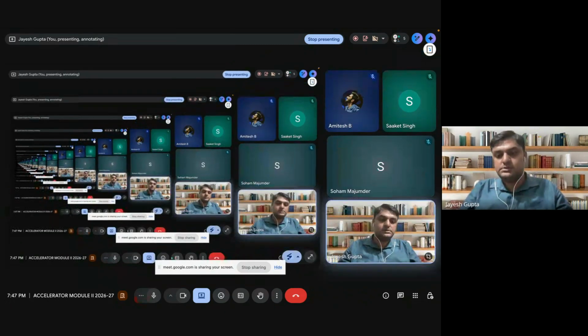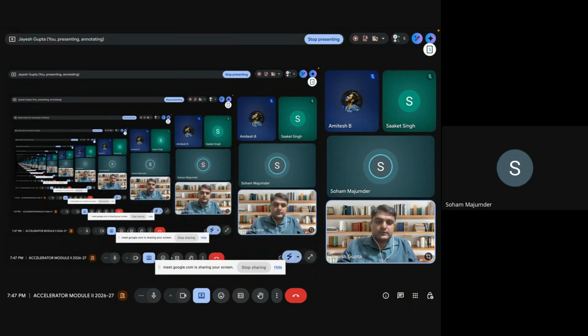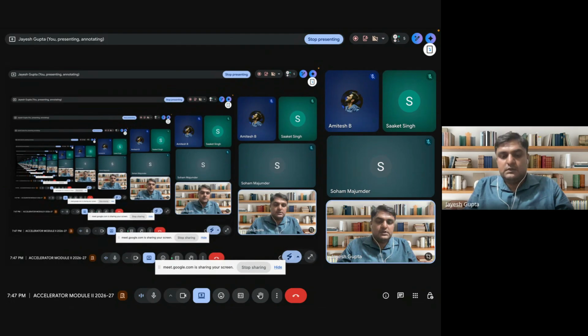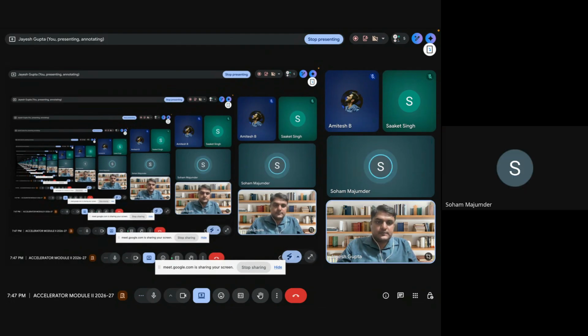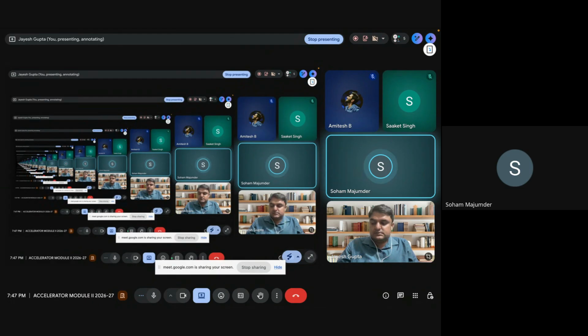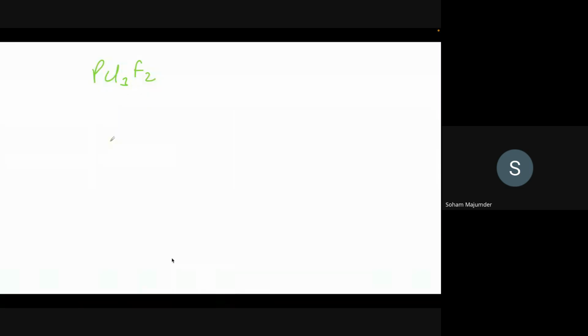Okay, drawn. So how have you drawn? PCl3F2 is trigonal bipyramidal. Cl is in equatorial and F is in axial.